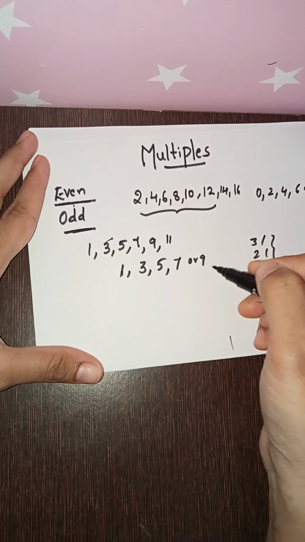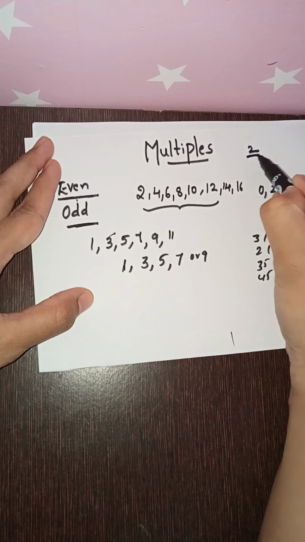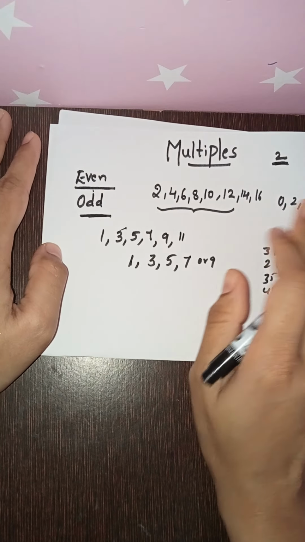So these are all odd numbers, right? And 2 is the only even prime number. So these are the basics of even numbers and odd numbers.